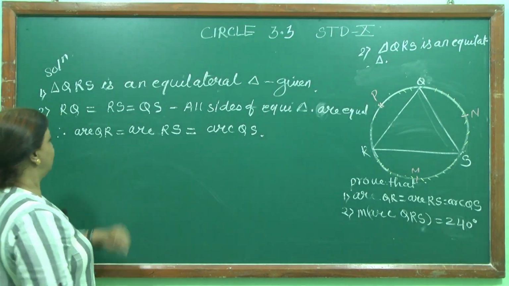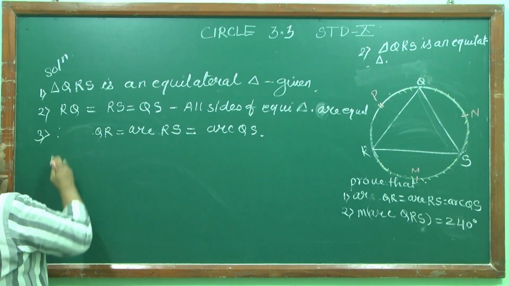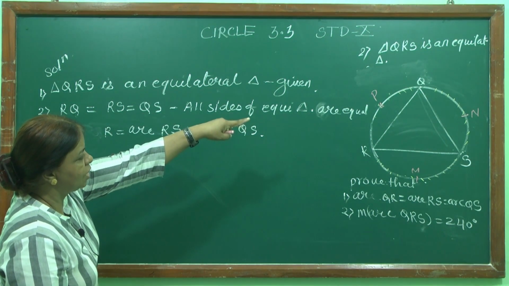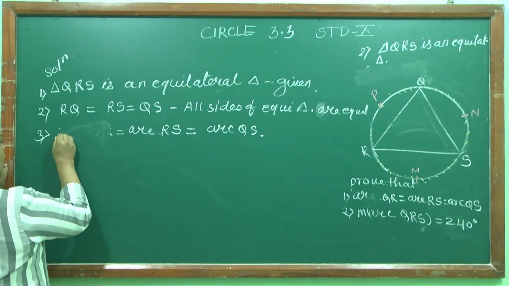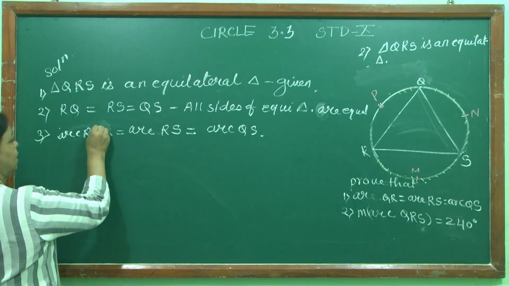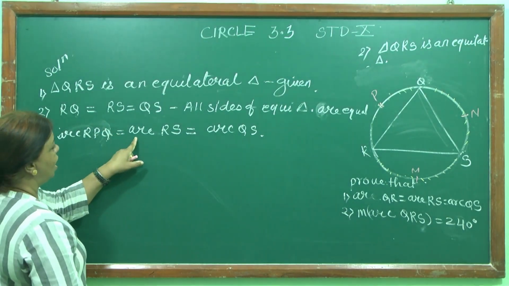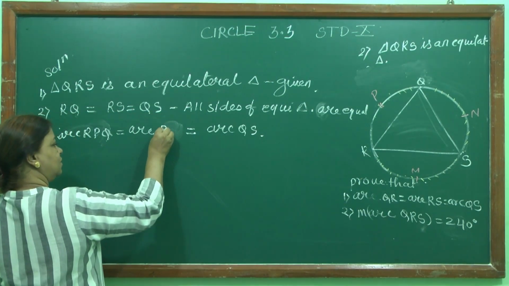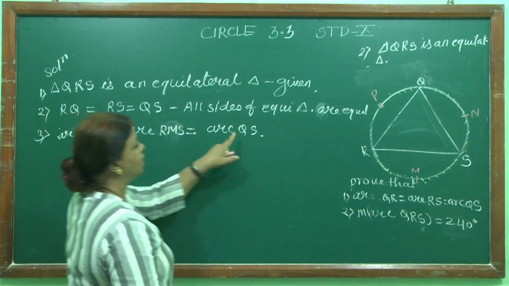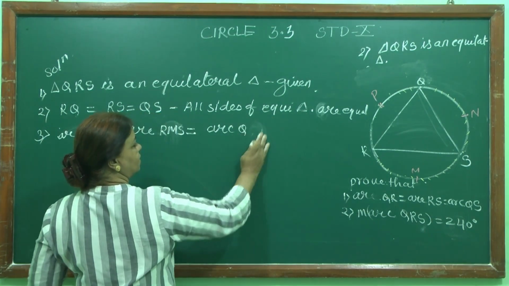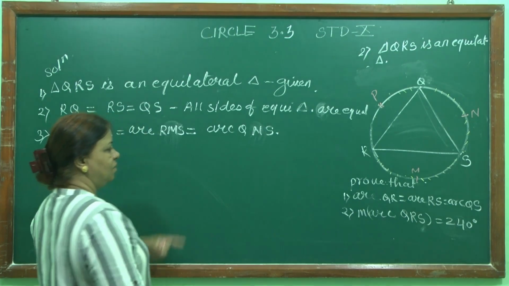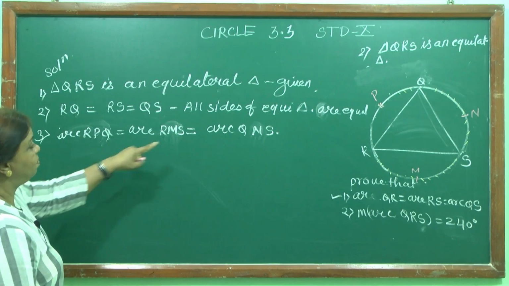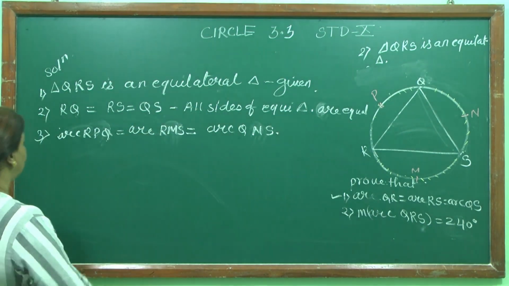Okay, so we can write here, instead of QR, I can write arc RPQ, arc RS I can write down here RMS, and I can write here QNS, but that can be written as this. RPQ is nothing but arc RQ.